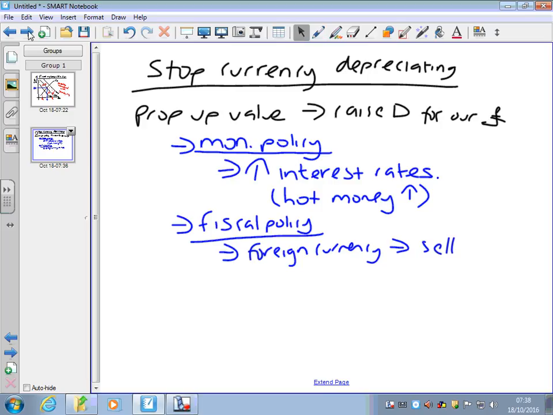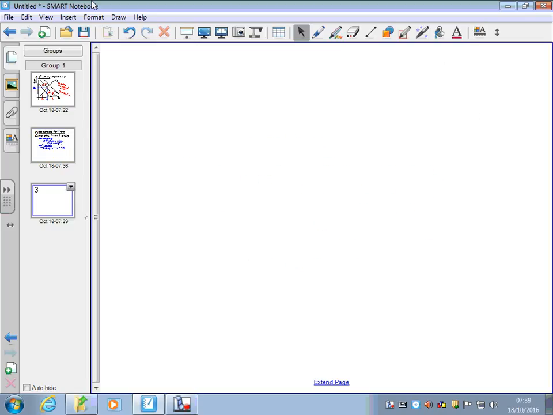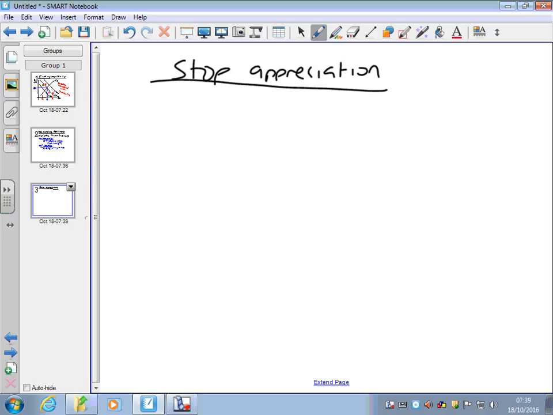If you wanted to do the opposite, stop your currency appreciating, then you do the exact opposite. Okay, so what you would do here, which is kind of what the Chinese do, you would buy foreign currency reserves.